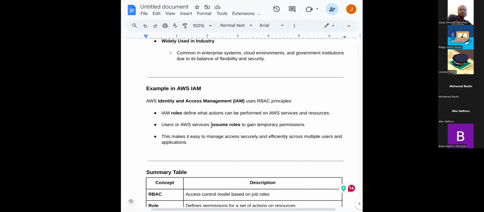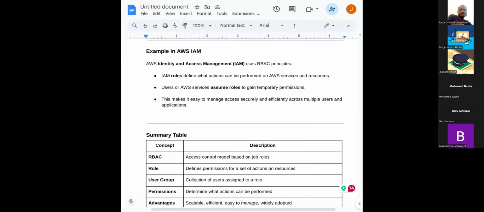So let's see how we can do this on the cloud in AWS. Next week, I don't know if it's tomorrow or next week, we're going to learn about IAM. In IAM, you can create users, you can create roles, and you can create groups.